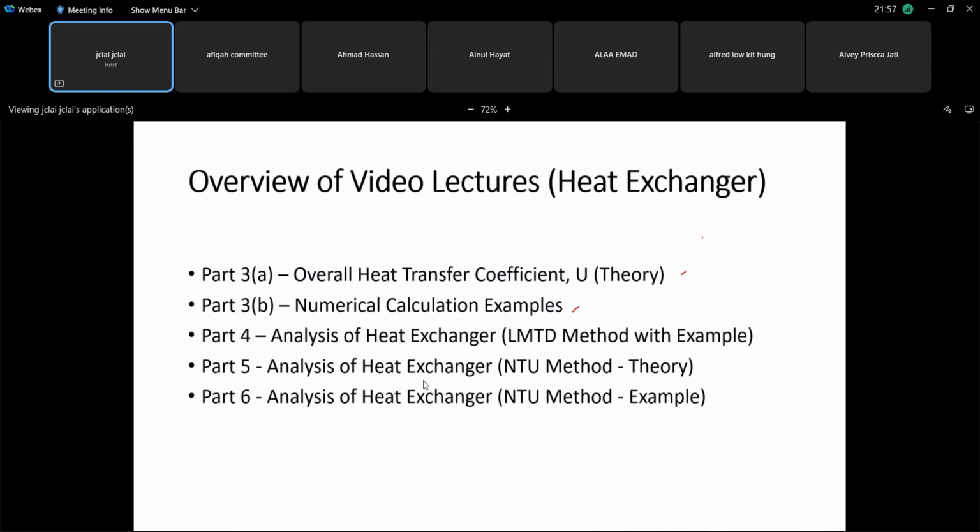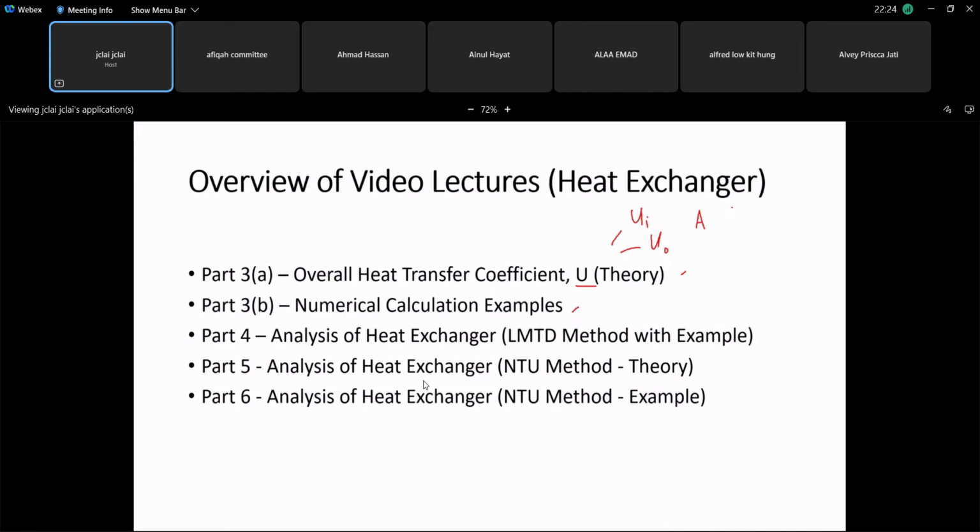Okay, so in part 3, in the video lecture, you were introduced to the overall heat transfer coefficient for a heat exchanger. The symbol is U. So you have 2 types, right? UI and UO, because U depends on surface area.